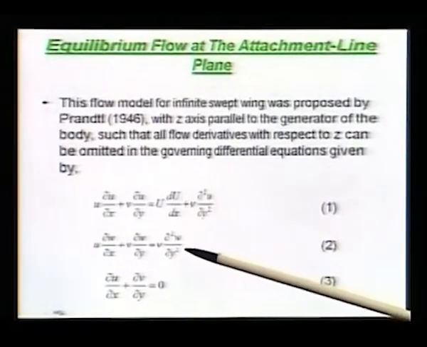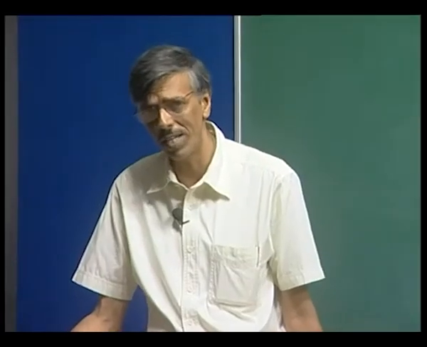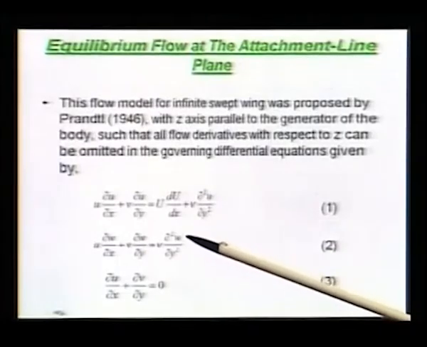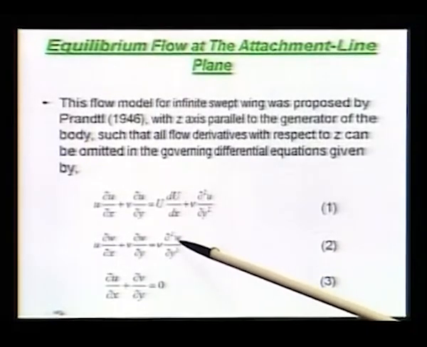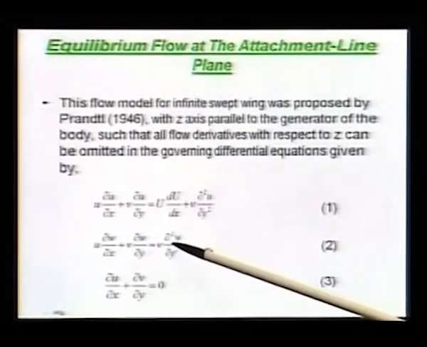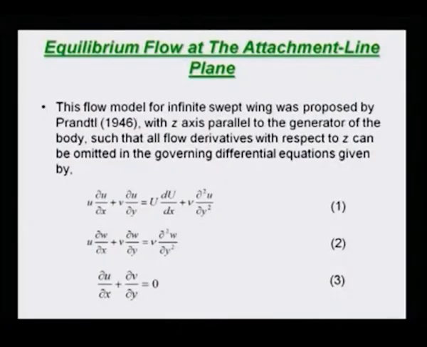You do not have to do anything about the y momentum equation from the boundary layer equation, right, we know that. And look at now the spanwise component, the z component. So, you have u del w del x plus v del w del y equal to nu times the wall normal diffusion of w, right.